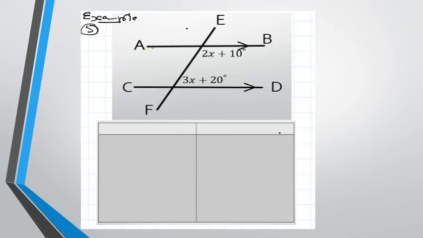I think this one is much more clear. If I just quickly highlight my two parallel lines. Again, how do I know they are parallel? Because of the two arrows and my transversal line.